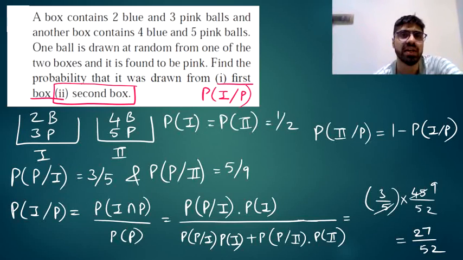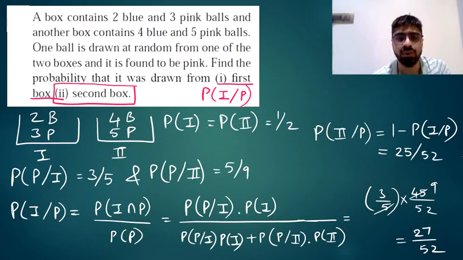The pink ball is selected either from box 1 or from box 2. The probability that it was selected from box 1 is 27 by 52. So the probability that it will get selected from box 2 will be 1 minus this probability. So the probability of 2 given pink will be 1 minus 27 by 52, which is 25 by 52.